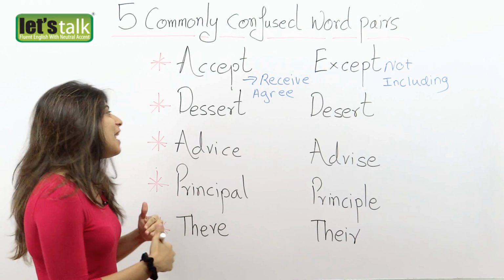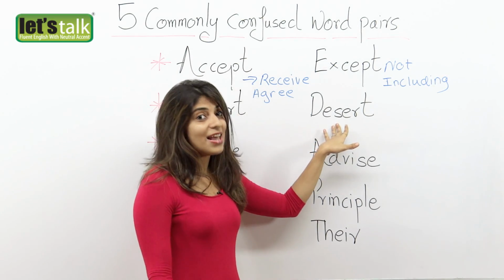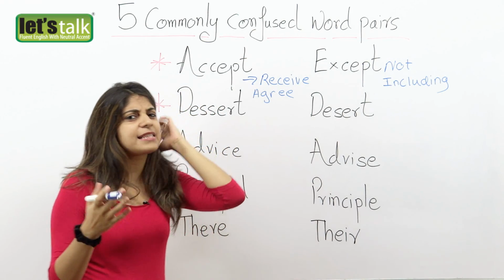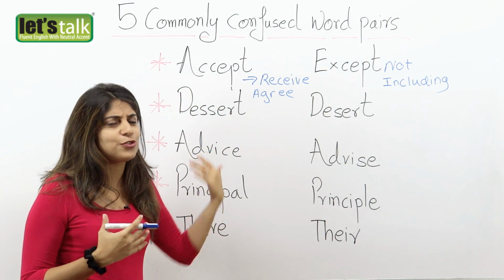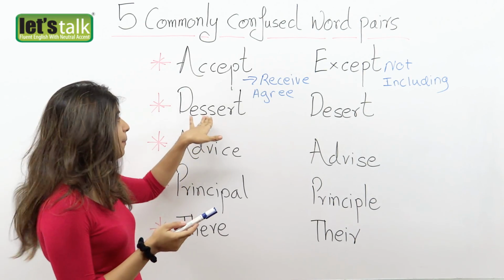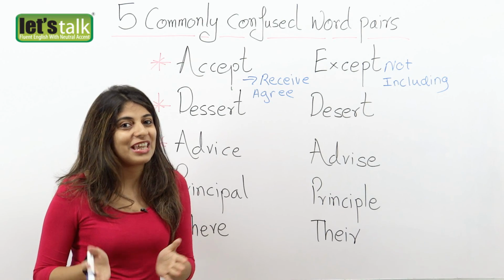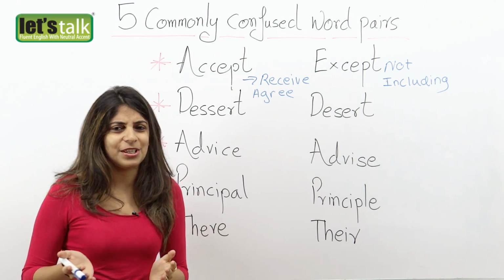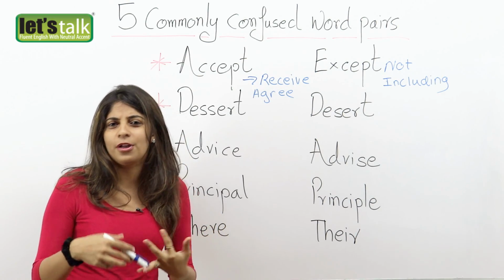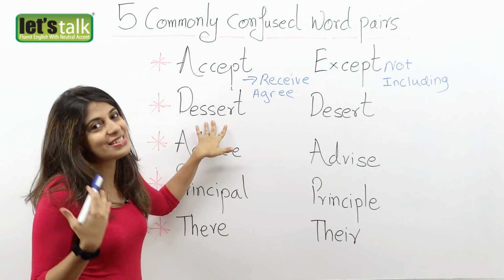Let's have a look at another word here. It's dessert and desert. Well, even as a kid, I used to be pretty confused using these words. Dessert, with a double S, is the sweet dish that you eat after your meal. You know, your ice creams, pudding, cheesecake, right? So that is the dessert.